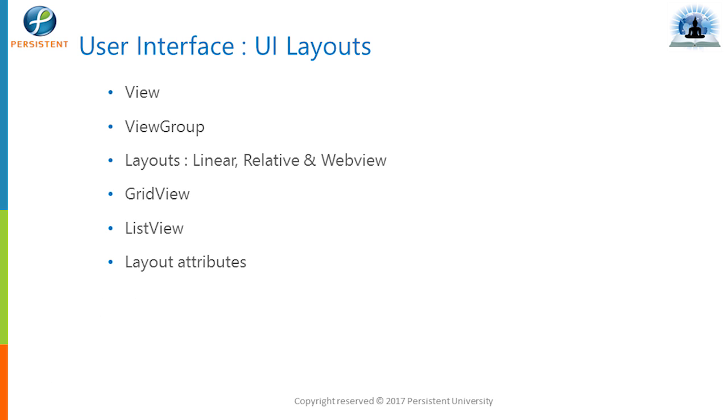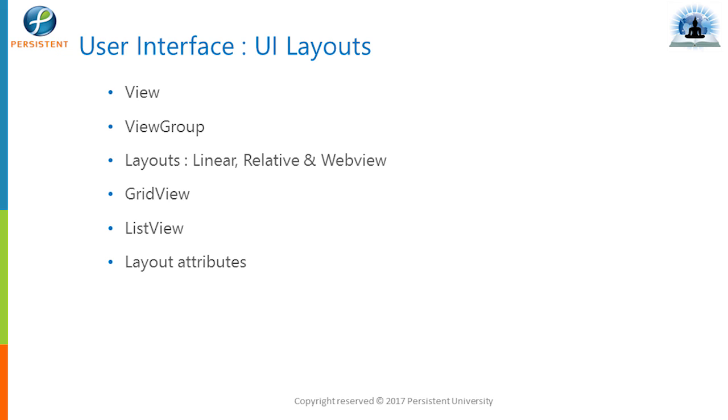Next, we move on to the UI interface available with Android. Android provides rich UI components to develop UI rich applications. The basic building block for any user interface in Android is the view object, which is created from the view class and occupies a rectangular area on the screen and is responsible for drawing and event handling.